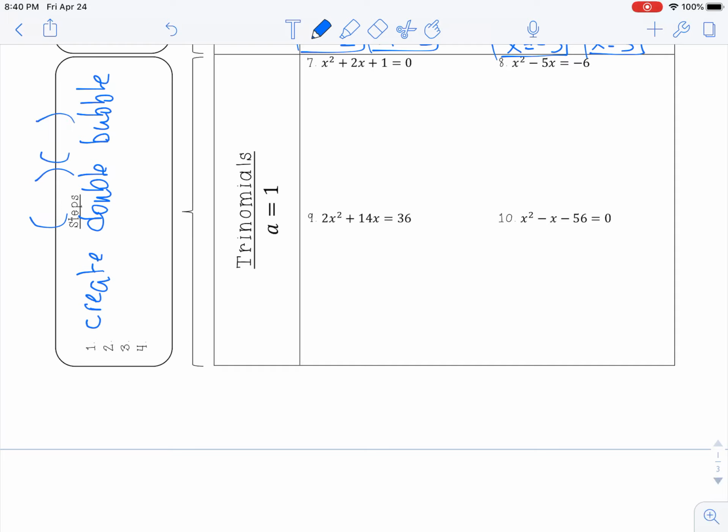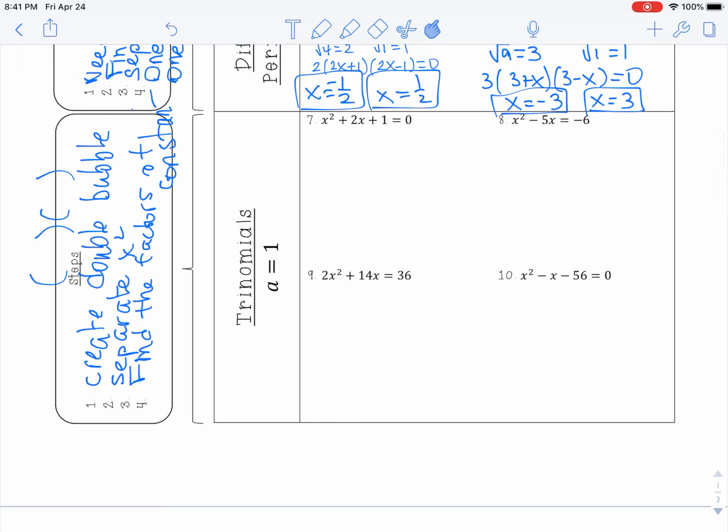Then you separate the x squared. Find the factors of the constant. And you want it such that they add to the middle.